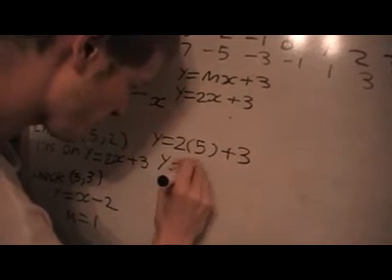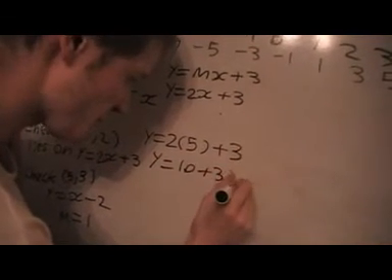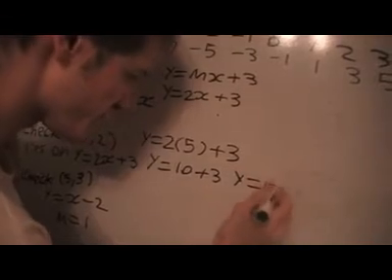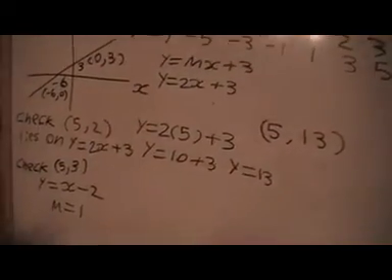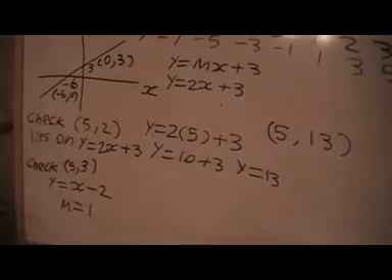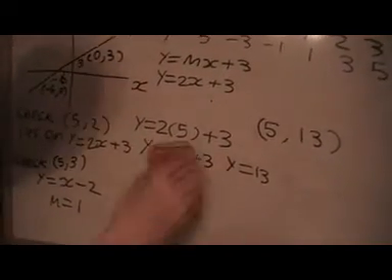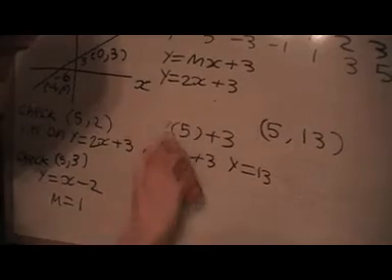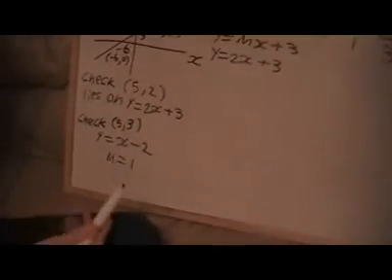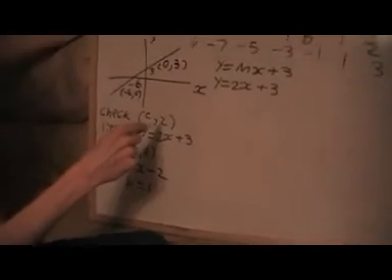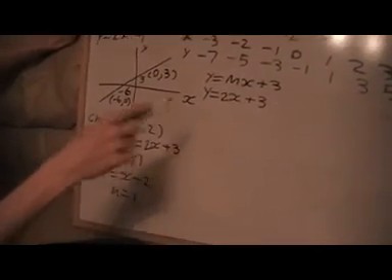And notice that we get y equals 13. So the point is actually 5, 13. So no, it doesn't lie on the line. That's how we check that. We just put in x and see if we get the y value that we've got here, and if we don't, it doesn't lie on the line.